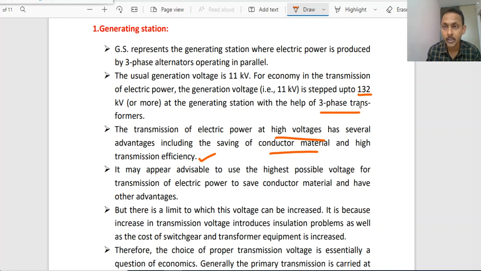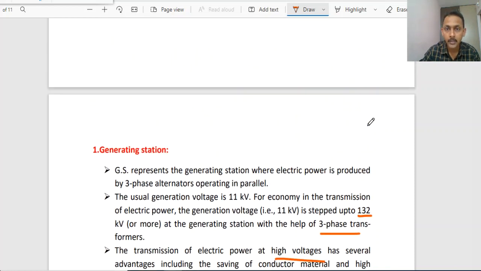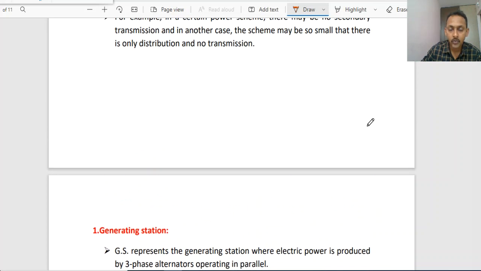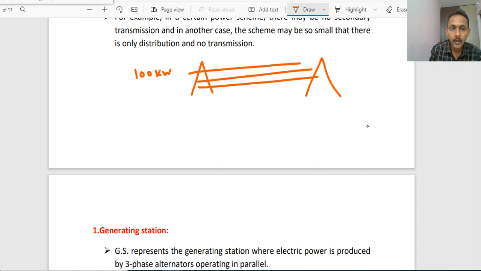If the voltage level is low, dear students, then to transfer the same amount of power, for example 100 kilowatt, over long distances, if the voltage is only 11 kV, the current will be high.